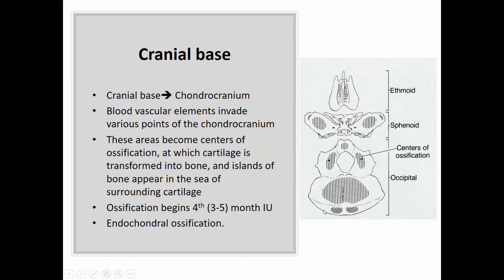Eventually they will increase in size and the amount of cartilage will reduce, and we will end up with bigger pieces of bone and smaller bands of cartilage in between. This band of cartilage is called synchondrosis. So we will have sphenoethmoidal synchondrosis. Here we will have the intersphenoidal synchondrosis, and here the spheno-occipital synchondrosis.